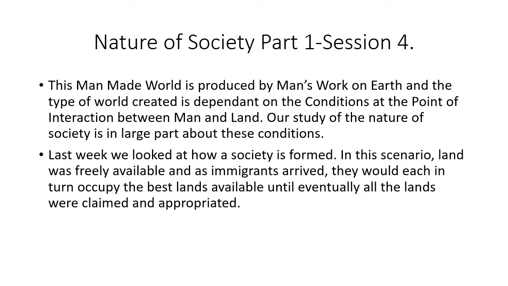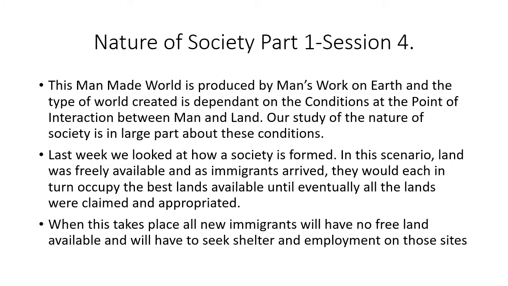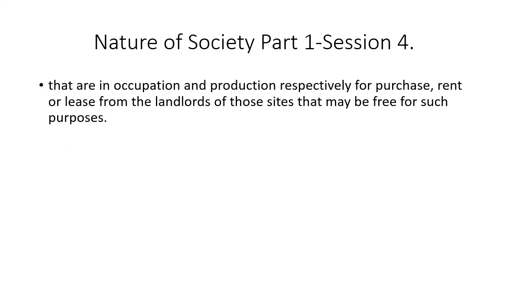Last week we looked at how a society is formed. In this scenario, land was freely available, and as immigrants arrived, they would each in turn occupy the best lands available until eventually all the lands were claimed and appropriated. When this takes place, all new immigrants will have no free land available and will have to seek shelter and employment on those sites that are in occupation and production respectively, for purchase, rent, or lease from the landlords of those sites that may be free for such purposes.